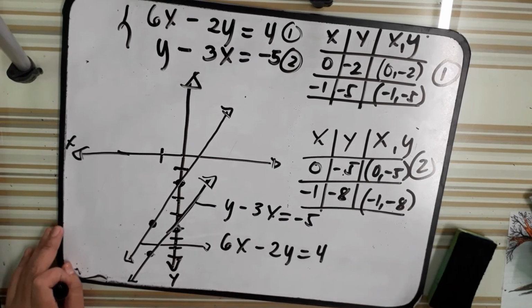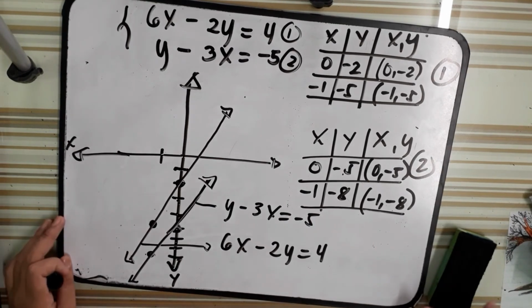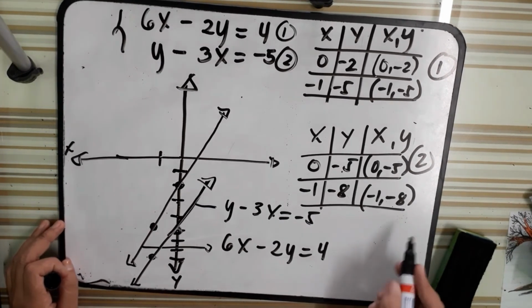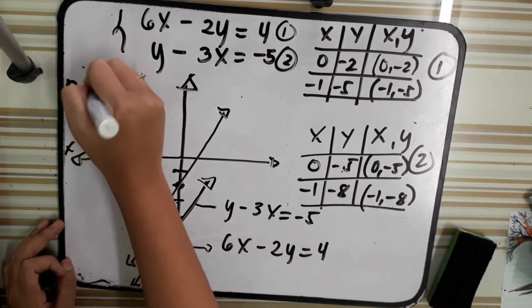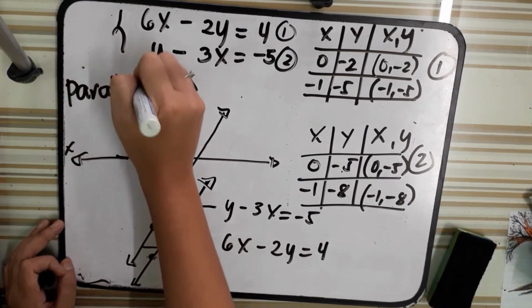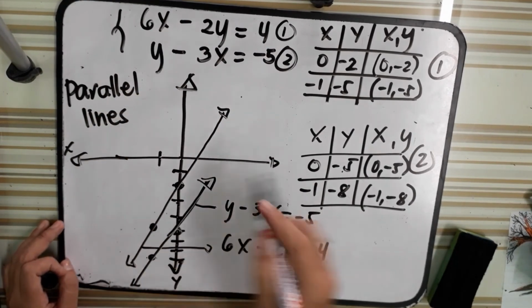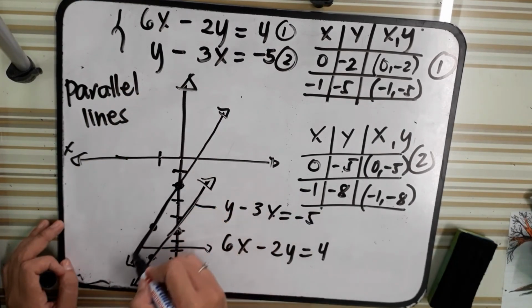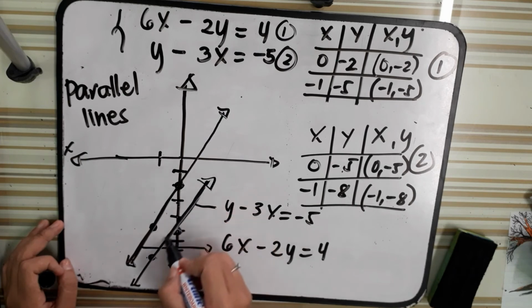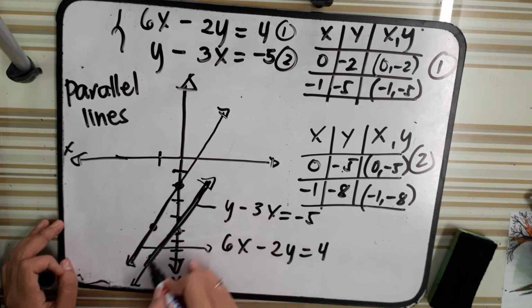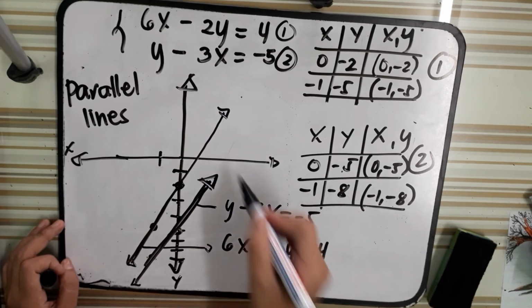So, anong i-conclude natin kapag ganito ang itsura ng ating graph? Ang tawag natin dito are parallel lines. Ibig sabihin, sila yung dalawang linya na kahit gaano kalayo mo i-extend ay hindi sila mag-i-intersect or hindi sila magkakaroon ng point of intersection or hindi sila magsasalubong.